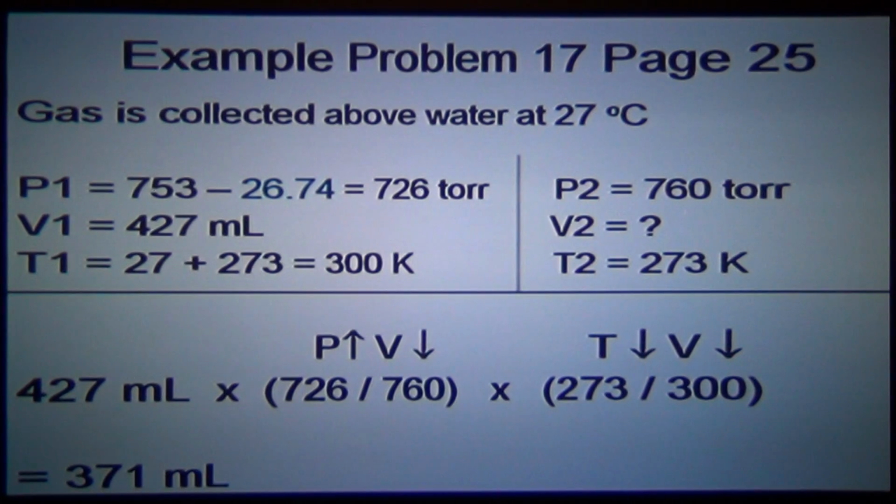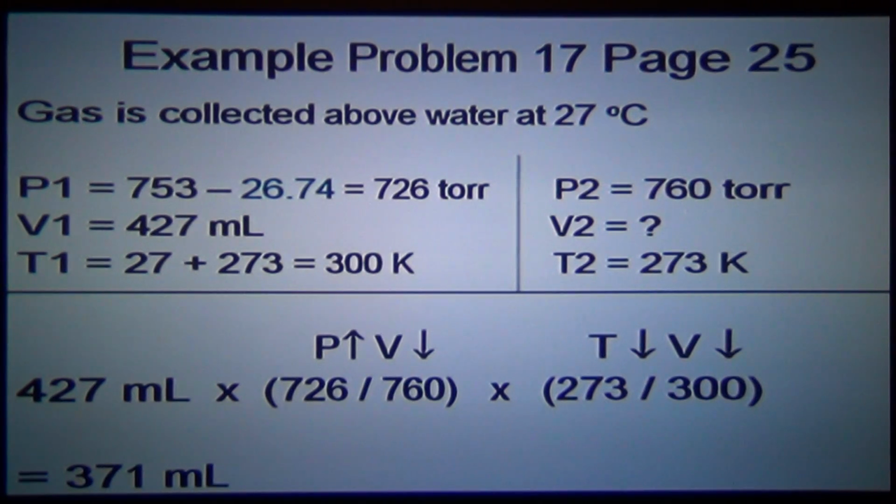The first thing I notice is that my pressure is going to be going up. Going from P1 to P2, it's going from 726 up to 760. If you recall, according to Boyle's law, there's an inverse relationship between pressure and volume. If the pressure goes up, the volume must go down.